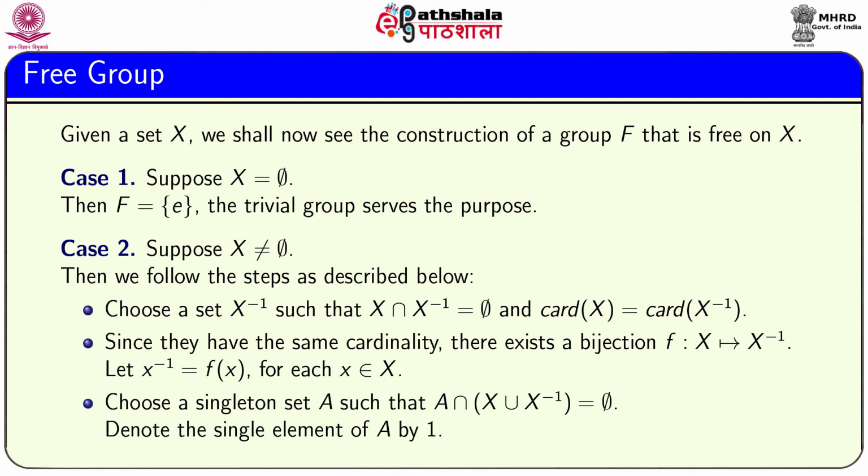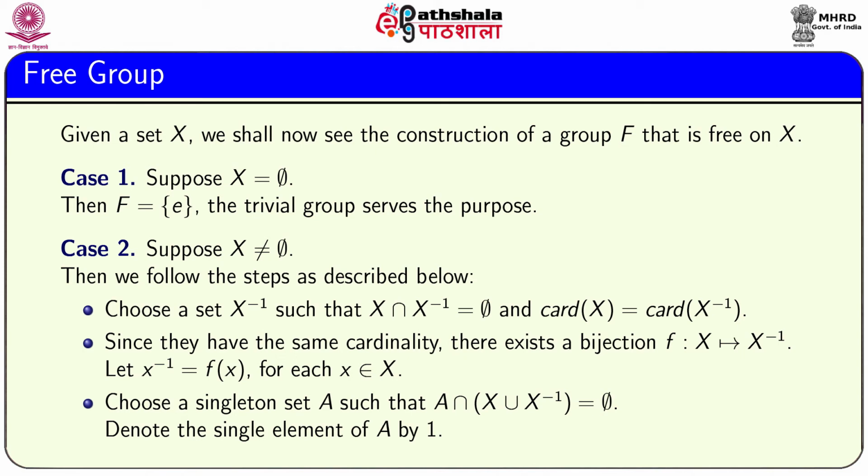We denote a set by X inverse, which is a set disjoint from the given set X, and the cardinality of the set X inverse is equal to the cardinality of the set X. Since they have the same cardinality, there exists a bijection f from X to X inverse, and we write the image of any point x belonging to X by f(x), and we denote that point f(x) by the notation x inverse.